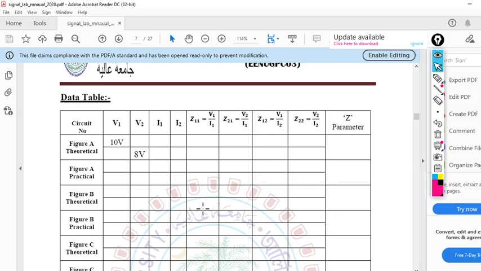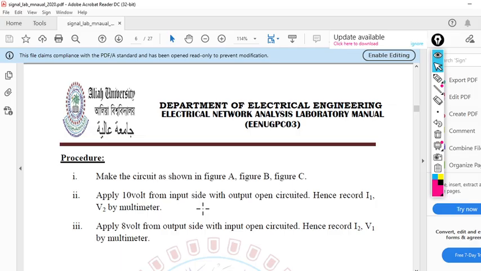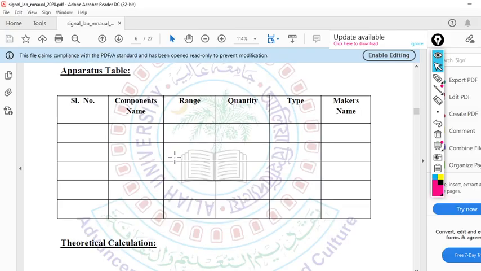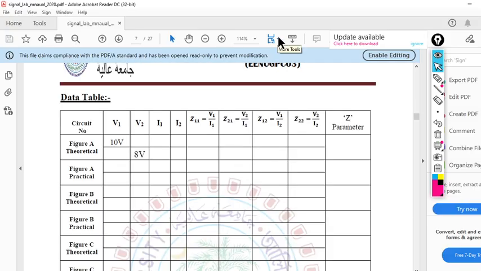Okay, so it is your task, but as I am not mentioning it, if you can, in your group you can solve this problem theoretically first. You can write it here as theoretical data, right?